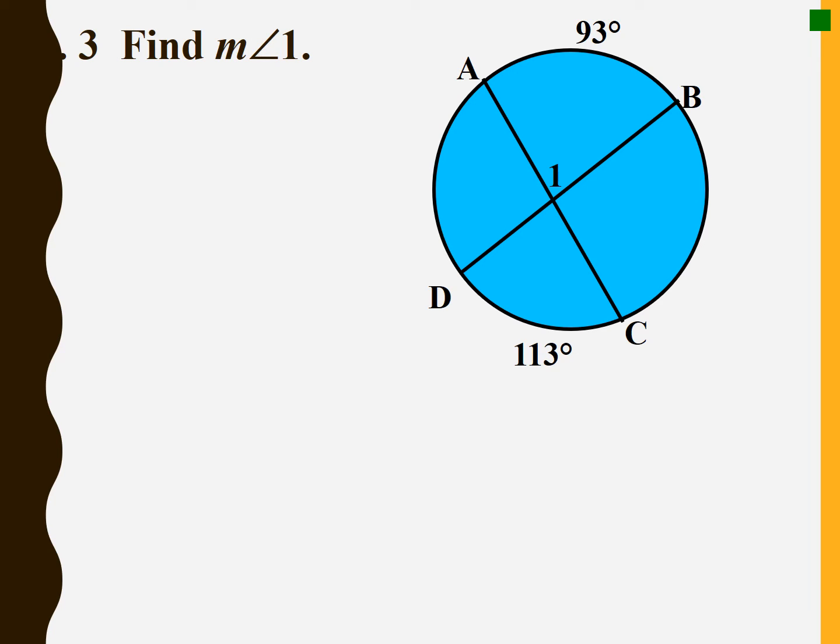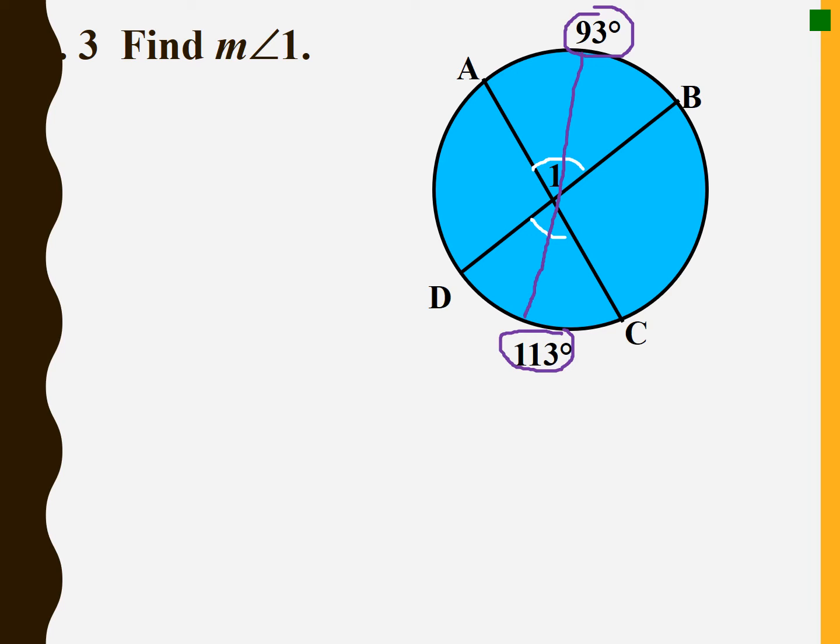So on this one, we're trying to find the measure of angle 1. Again, these two angles are vertical angles, so they're congruent. So it doesn't matter which one you're finding. It's the same for both. I'm going to draw a line through my angle so I can see which two arcs make up this angle. And you'll see why in one of the next examples. So this 93 degrees and this 113 degrees, the average of these two arcs make up the angle.